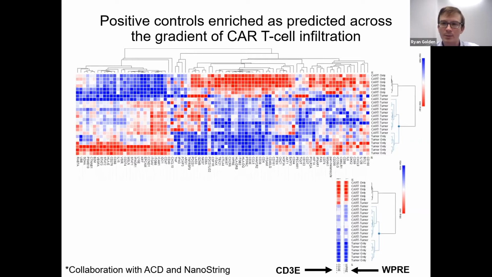And beyond that, the positive controls that we expect to see enriched in CAR T cell dense regions do show very strong enrichment. For CD3 and WPRE, the element that's in the CAR, both of those are very highly enriched in regions that have the most abundant CAR T cell infiltration. These sanity checks really gave us a lot of confidence that the instrument would perform as we expected it to.